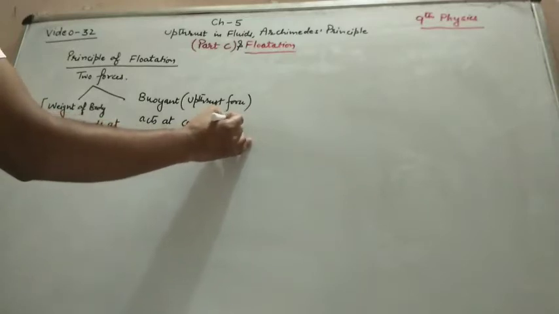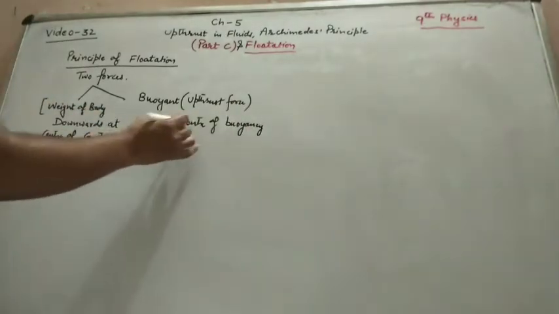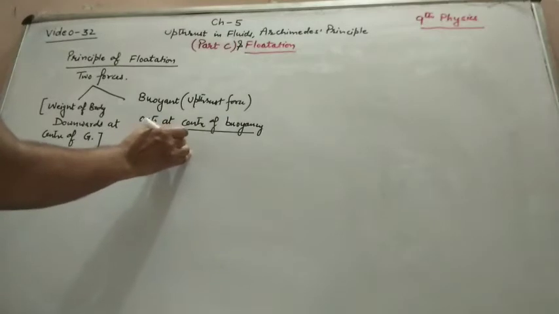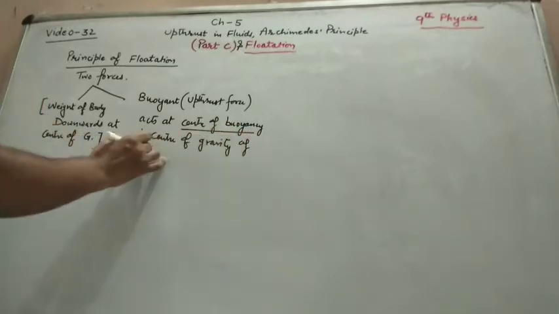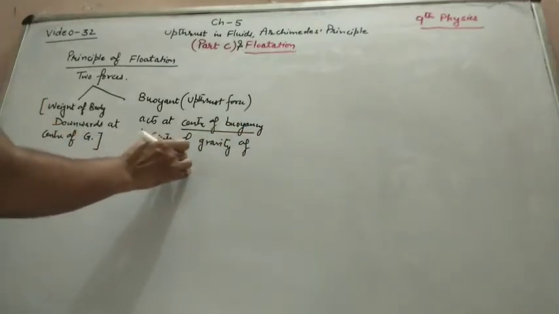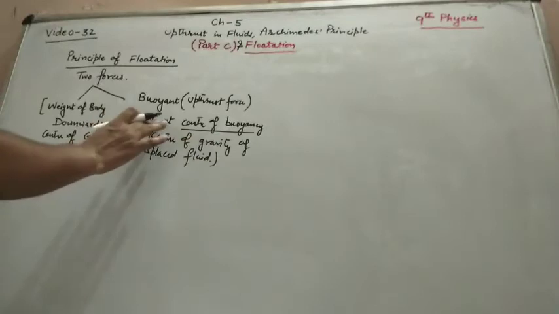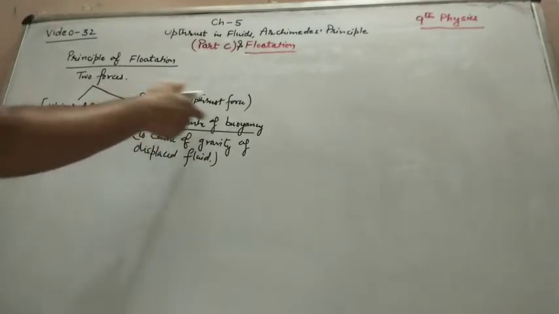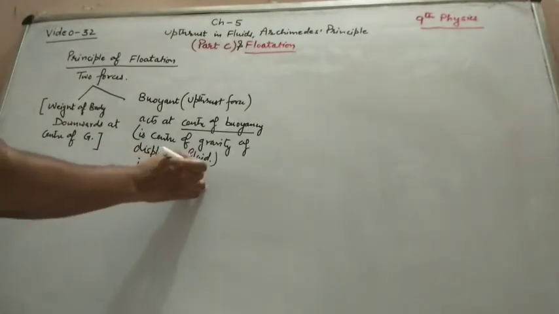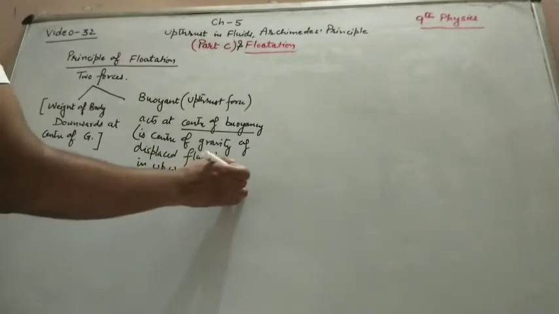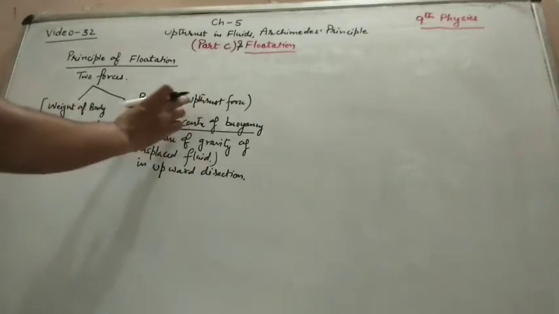So the center of buoyancy is the center of gravity of the displaced fluid. So it is acting at the center of buoyancy in the upward direction. So two forces are acting. One is the weight of the body, second is the buoyant force.